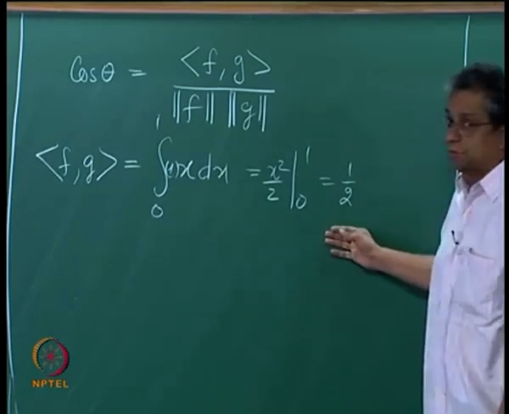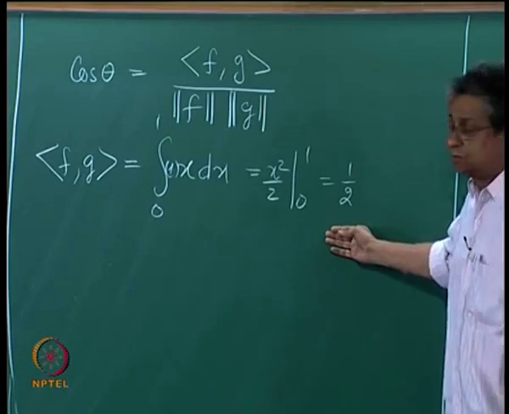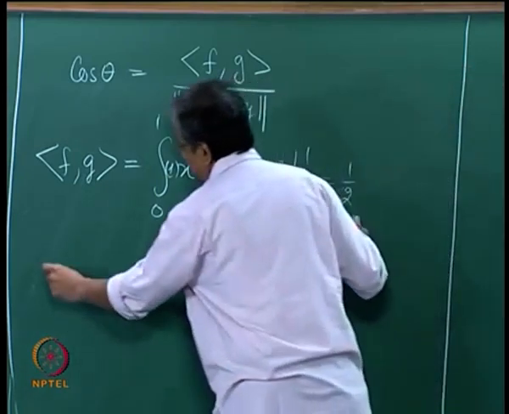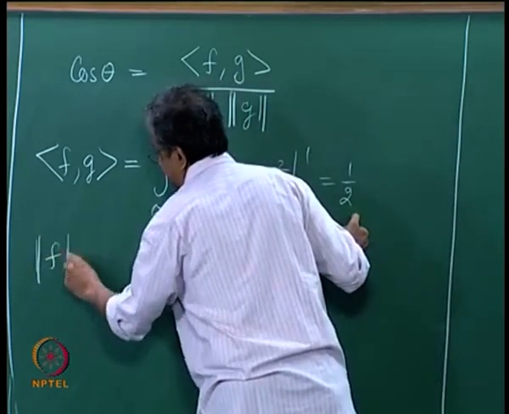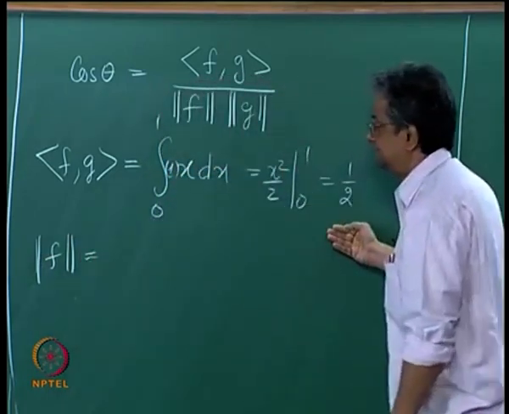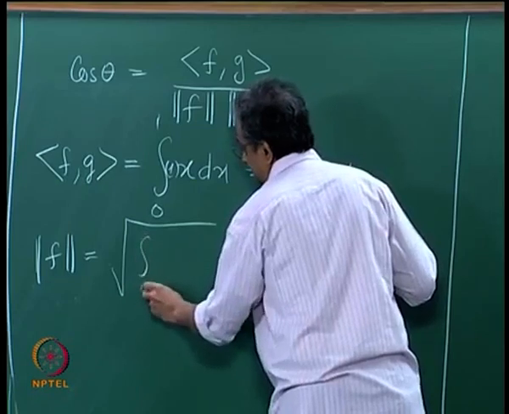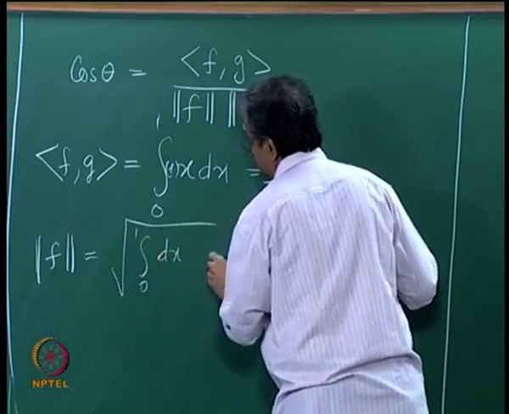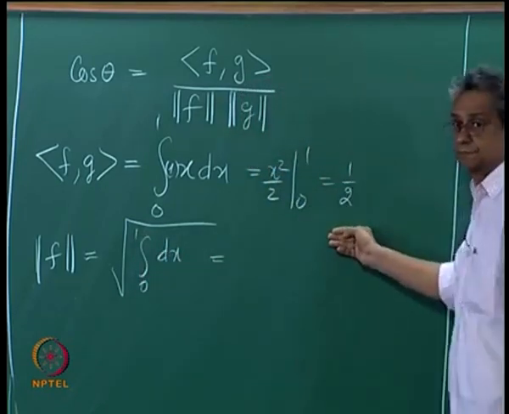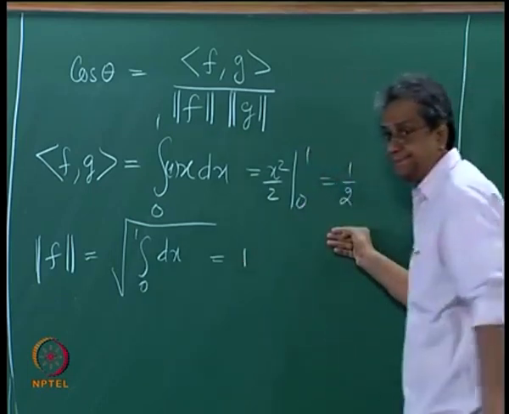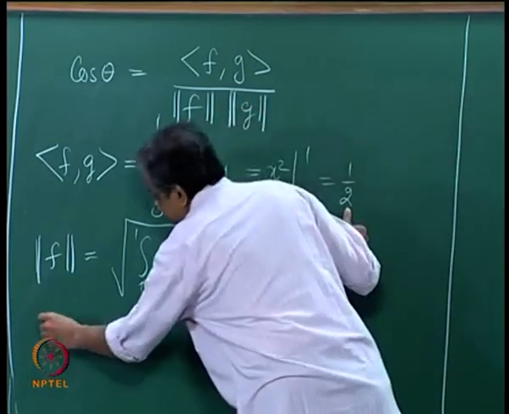So clearly they are not orthogonal. What is magnitude f? Magnitude f is the square root of the integral from 0 to 1 of dx, which is 1, and what is magnitude g?